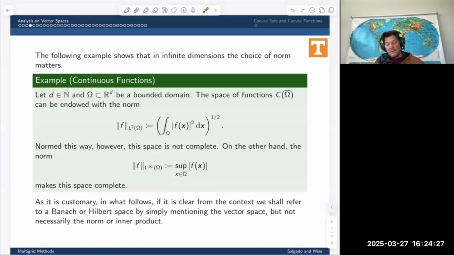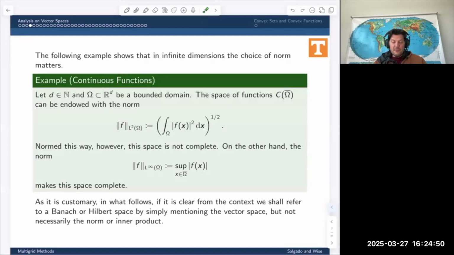That's a fairly common notion in functional analysis. It's a little bit sloppy though, and my knee-jerk reaction is usually to identify the norm that's coming along with that space. But in any case, oftentimes it's clear from the context and we don't have to do it.